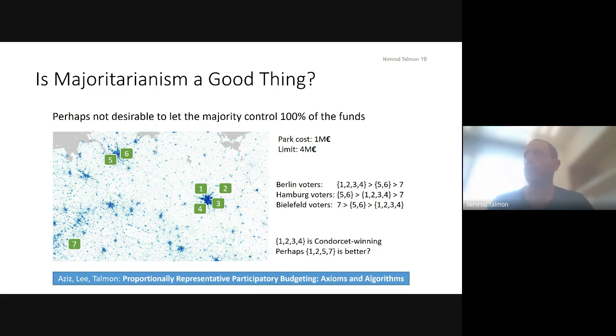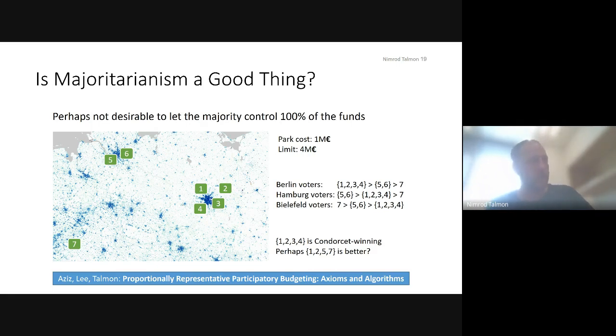And now let's assume that each voter approves only the projects that are proposed in her neighborhood, because people want projects that are close to the place that they live in. So if there is a project of building a school, then I will want it if it's in my neighborhood, but not if it's in the other neighborhood.